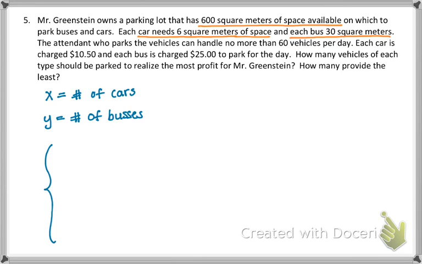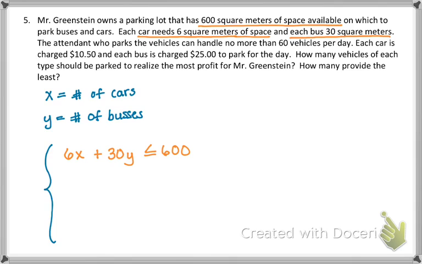So the first constraint is about the amount of space. So that would be 6 square meters times however many cars there are, plus 30 square meters times however many buses there are, needs to be less than or exactly equal to 600 square meters, because that's all we got. Can't go over.